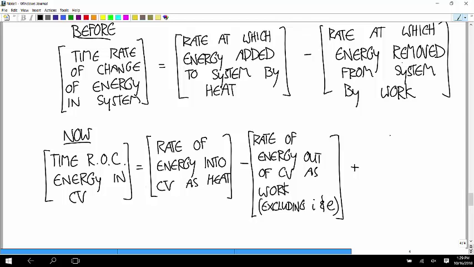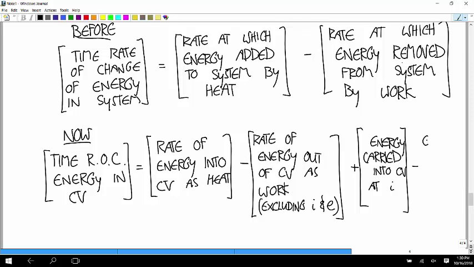But now we have to account for the fact that energy carried into the control volume at inlet, like if you have high temperature liquid coming in at the inlet, is adding energy to your control volume, minus energy carried out of the control volume at the exit.